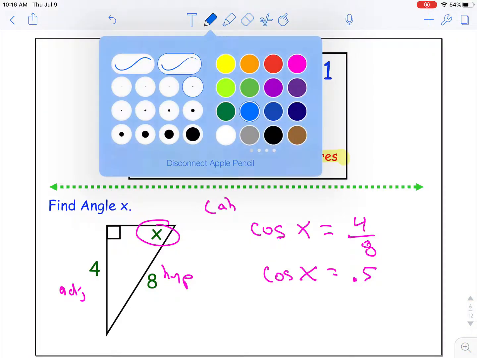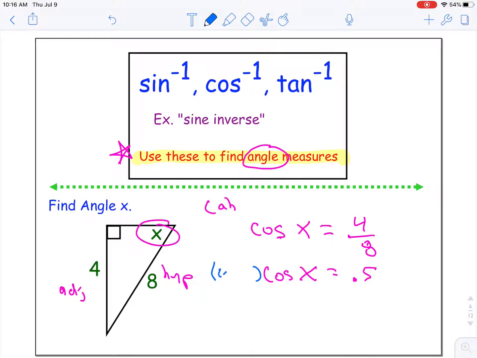What angle is that? So to solve this, what we do is we multiply each side by the inverse cosine. And these cancel out, so we're left with x is equal to the inverse cosine of 0.5.